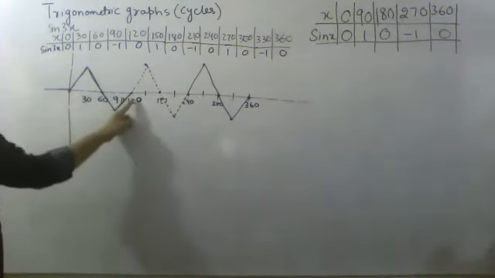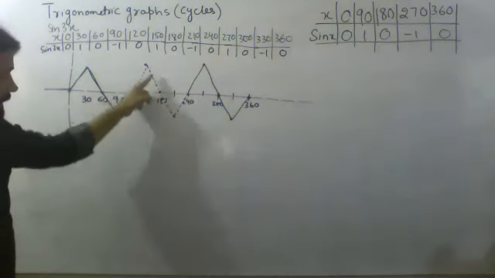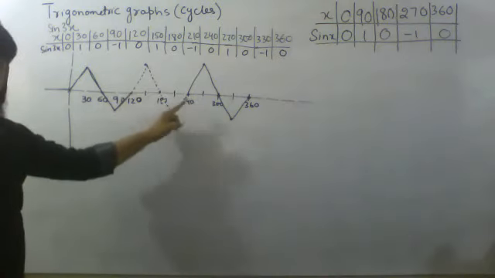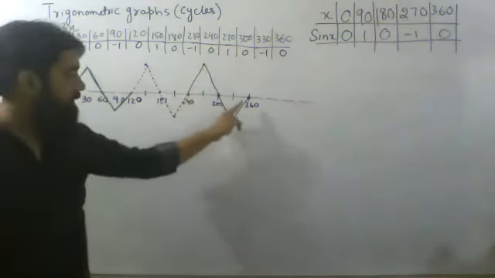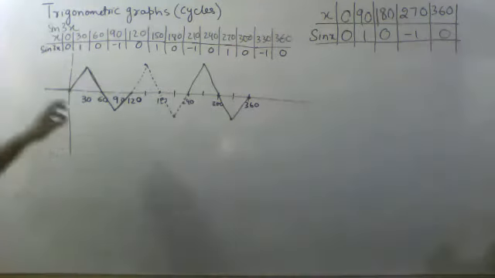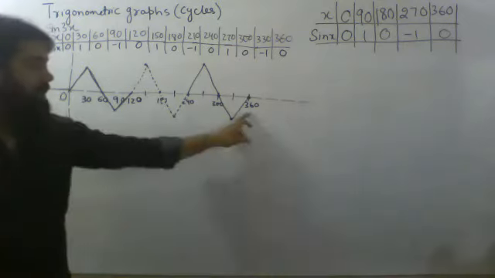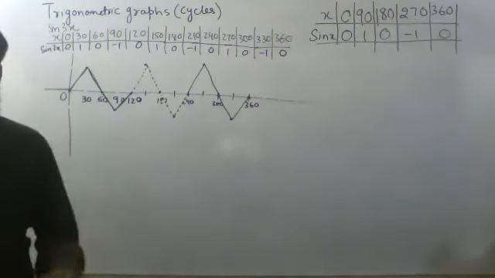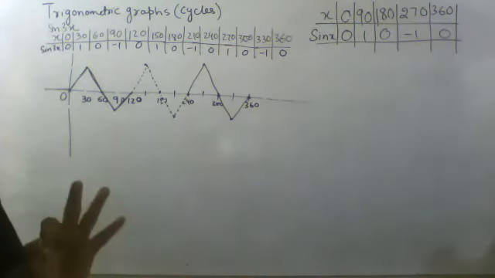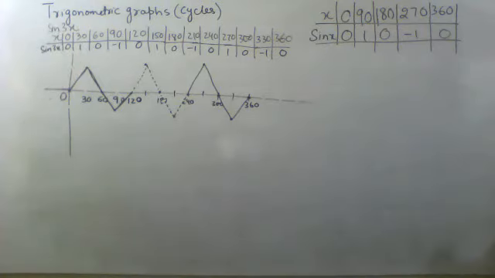This is your one cycle, then the dotted one is your second cycle, and then again this one is your third cycle. In the range from 0 to 360 degree, you have got 3 cycles. That's your sine 3x over here.